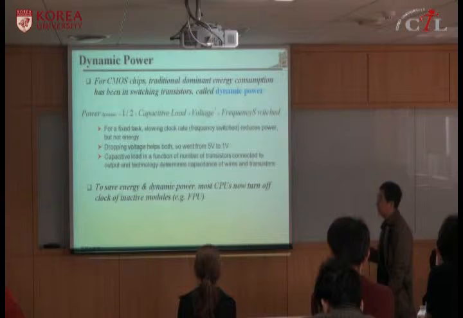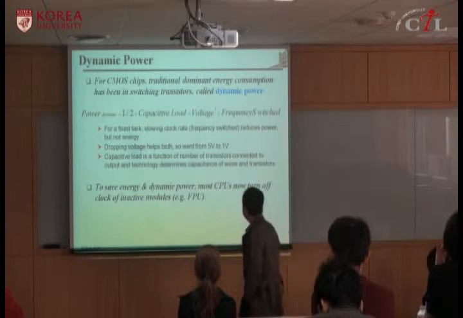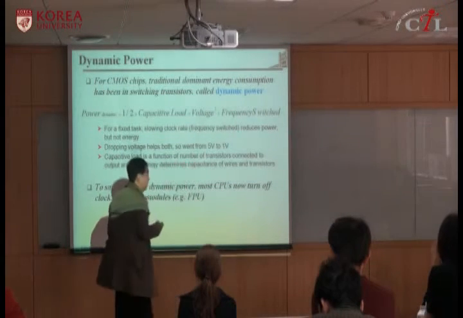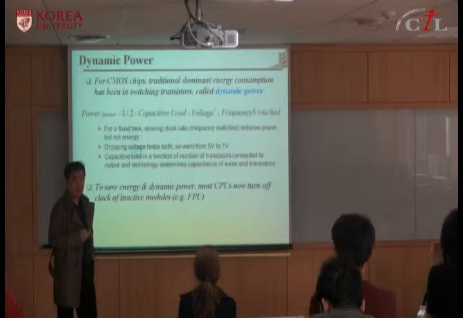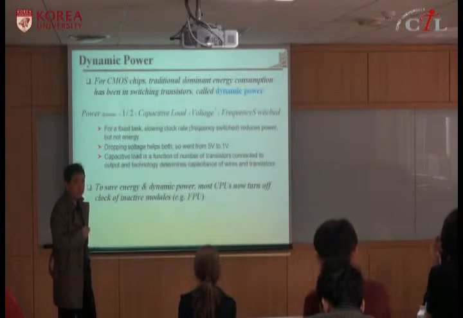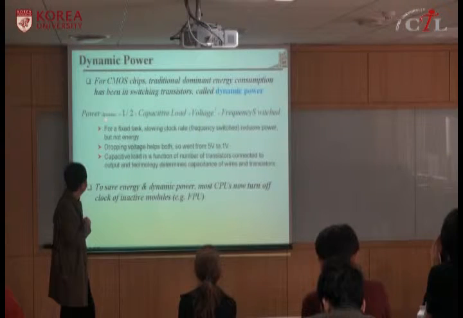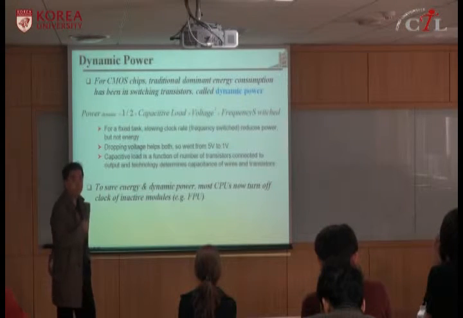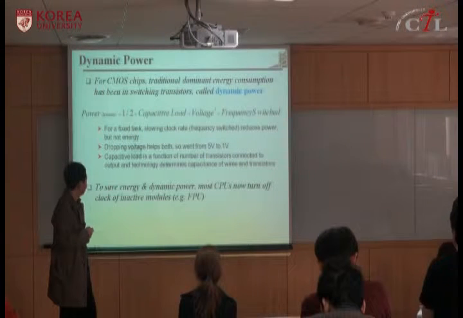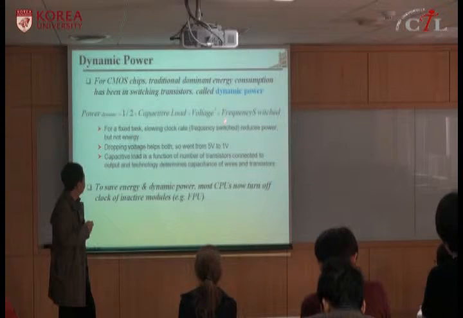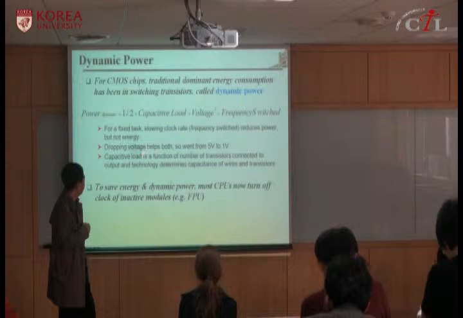But the advantage is, if you reduce the frequency, sometimes you can reduce the voltage as well. If you reduce the voltage, then you can effectively decrease the dynamic power consumption because it is proportional to voltage quadratically. So they are trying to reduce this voltage.